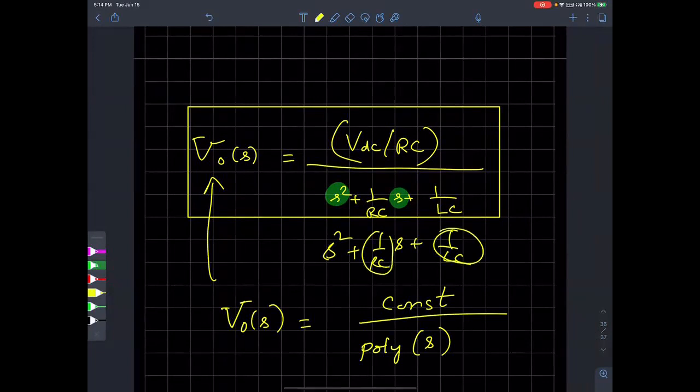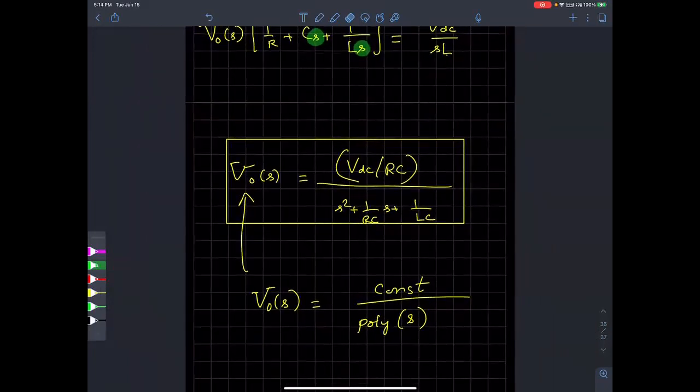So that's a constant, this is a constant, and what you got is a neat little polynomial. No more derivatives. It's a polynomial in S.